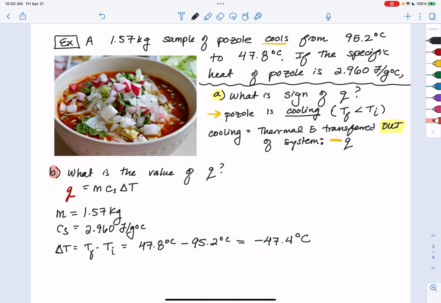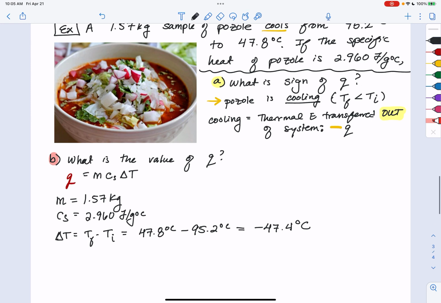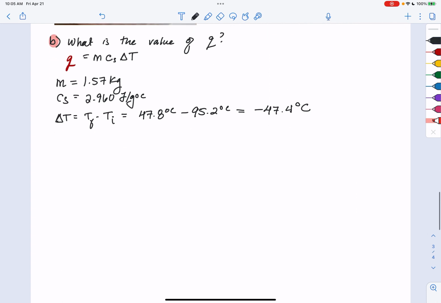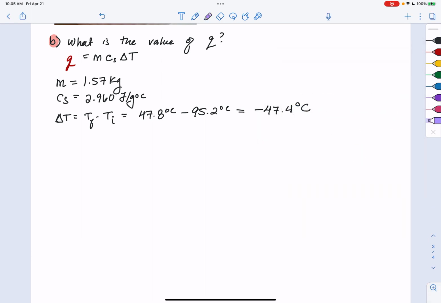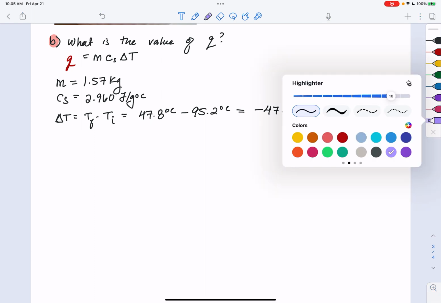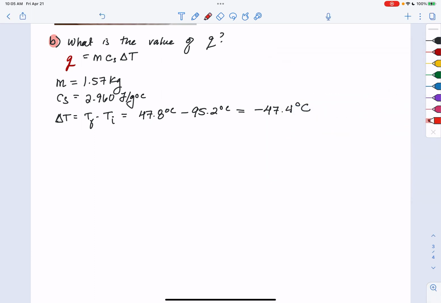Now we can plug all of this in, being aware of our units. Let's just check that all of our units are good, or rather, that they'll cancel. I have a specific heat capacity that gives me the joule unit for my heat, which makes sense because heat is the amount of energy, specifically thermal energy, that's transferred into or out of a system, and energy is always in joules.